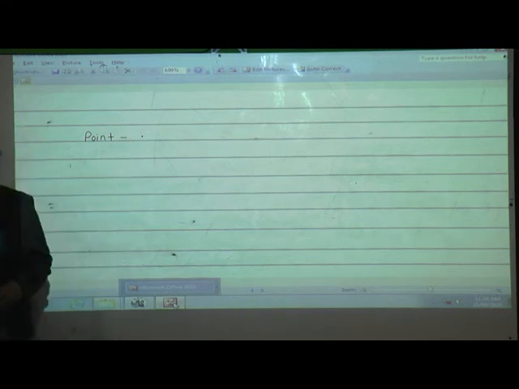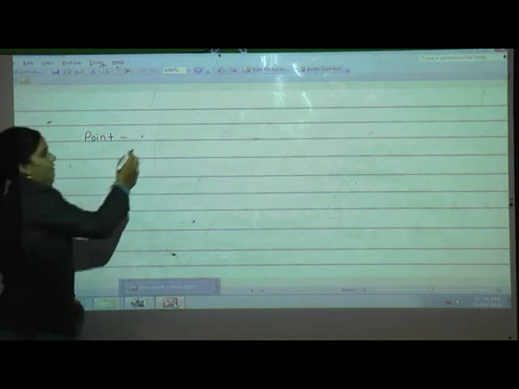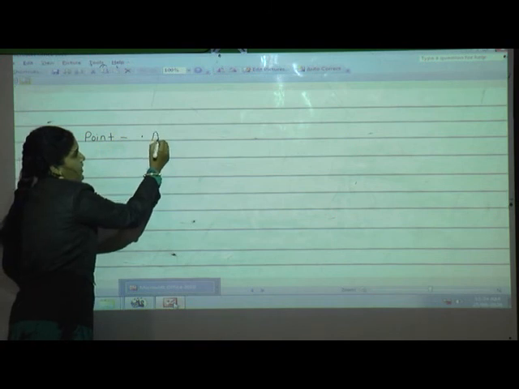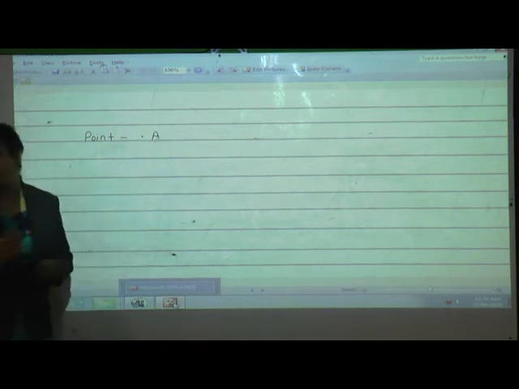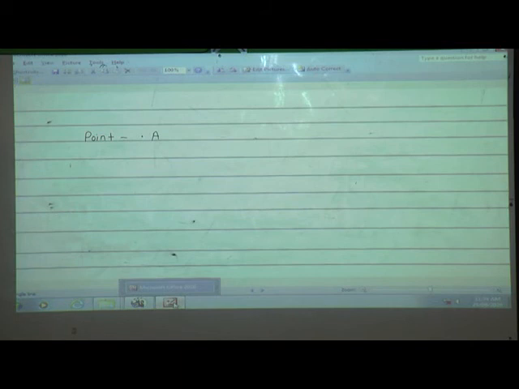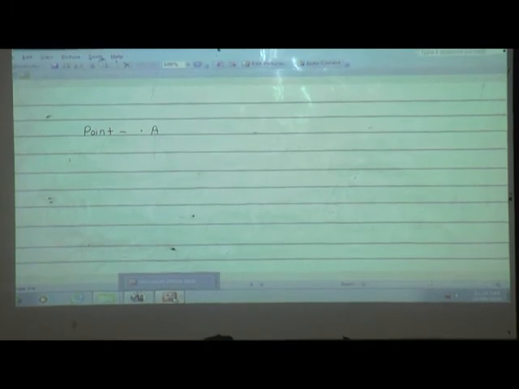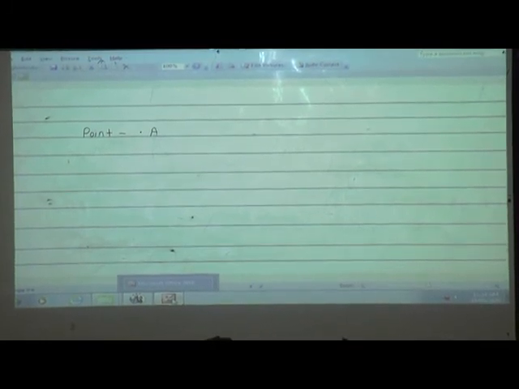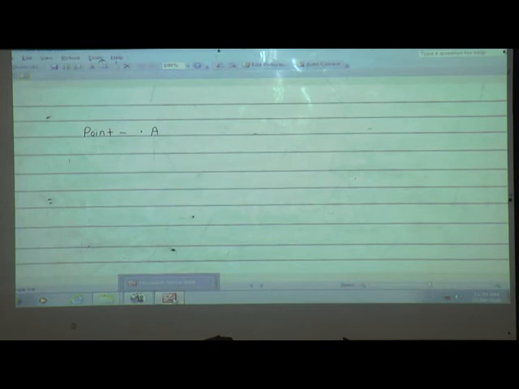It should be denoted in a capital letter, such as point A. A small dot made with a sharp pencil gives you a point. We use a capital letter to name a point. A point shows a definite position. It has no length, breadth or thickness.